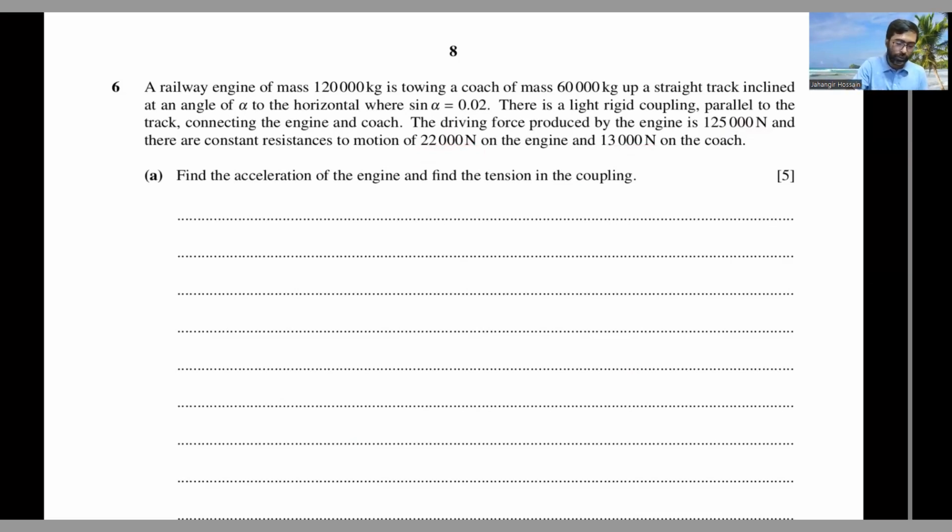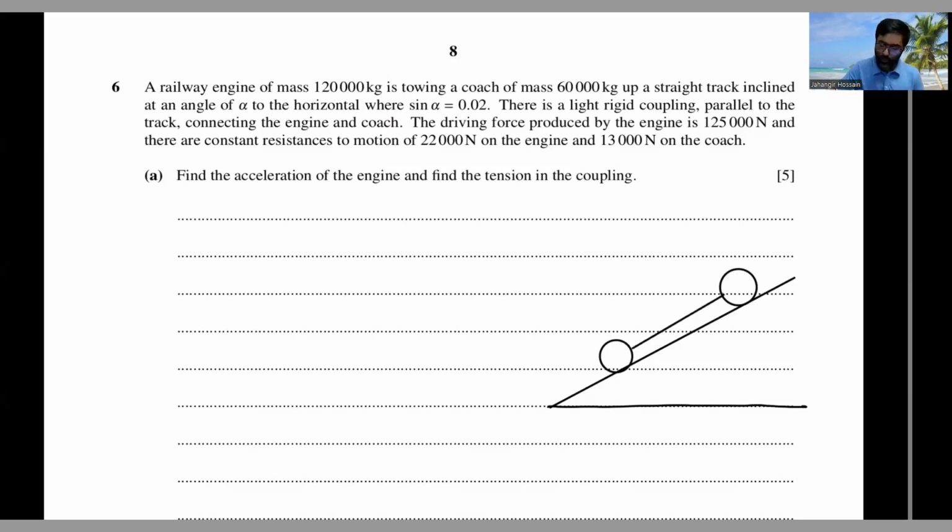So let's present it on a rough diagram first. Then we consider the forces acting on the particles. This is the inclined plane. The inclination is alpha. Now this is the engine, and this is the coach. There is a coupling, which is parallel to the slope.